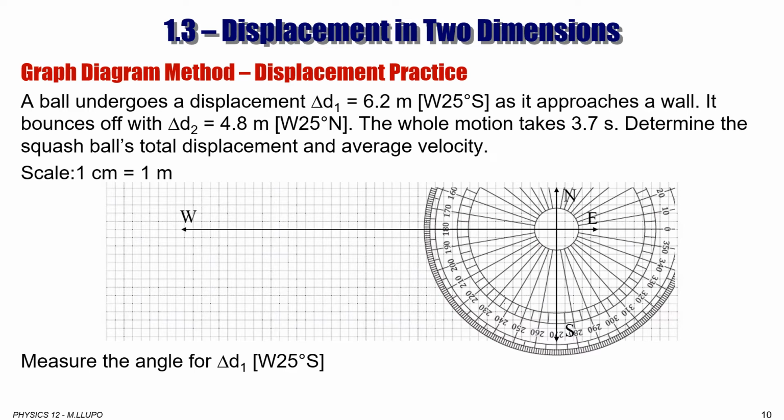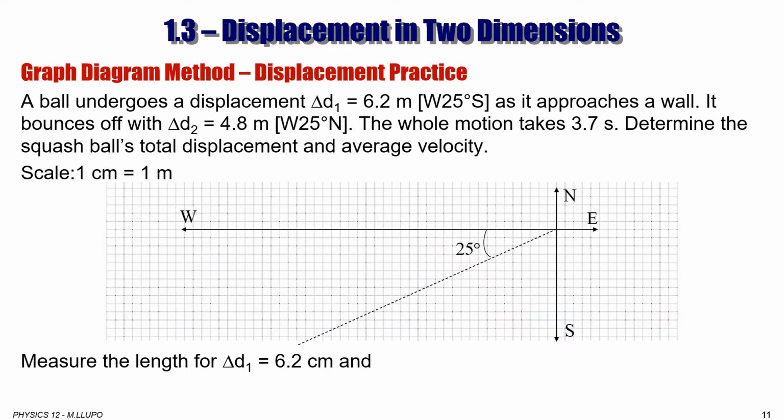So then you can actually count 10 degrees, 20, 25. So I put a dot here and I draw a thin line so I can have a line now to measure later. So I measure the angle, and that is a very important step.